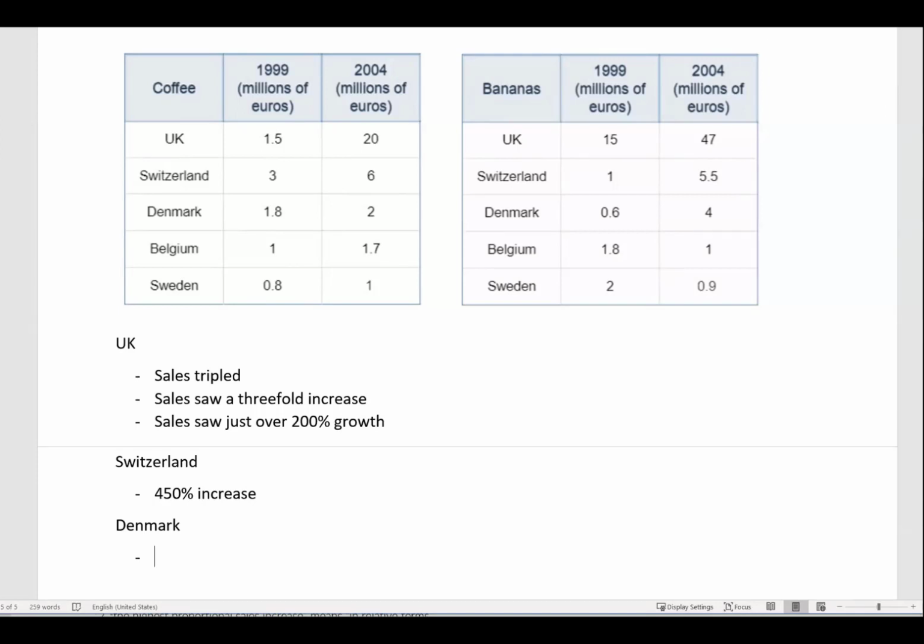Around 450. But make the numbers easier. If 0.6 is messing you up, change that to 6 and then change 4 to 40. So this is the exact same thing as 6 to 40. I think you can see it clearer that way. 360.